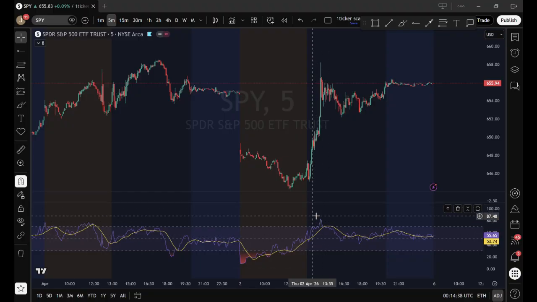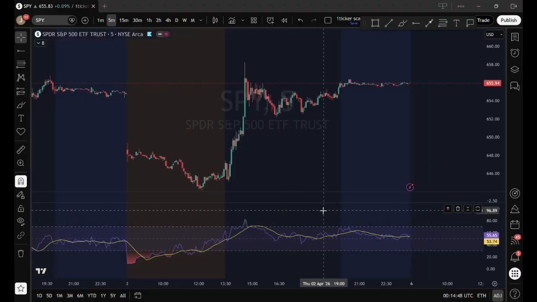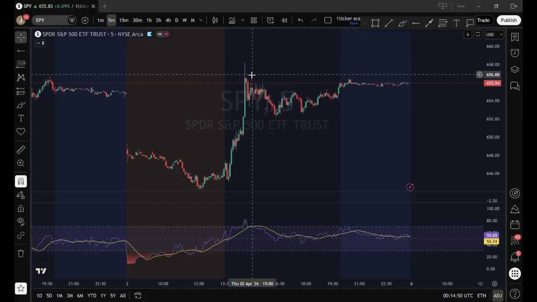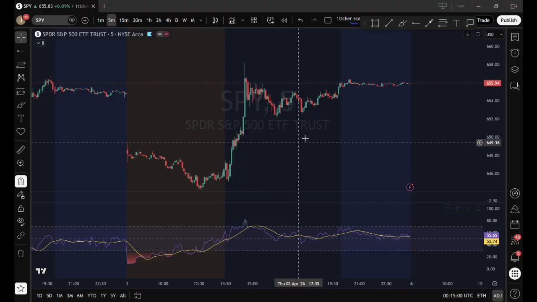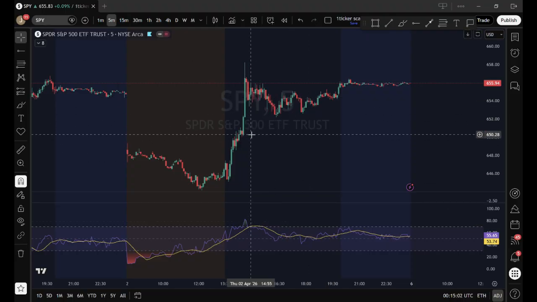You can't just use the RSI like right here. Oh, we're overbought, I'm going to grab put options, even though when we're right here we came down. So if you bought a put option, you could have made money, but this is not the case. If you go just by this, you're going to lose so much money.